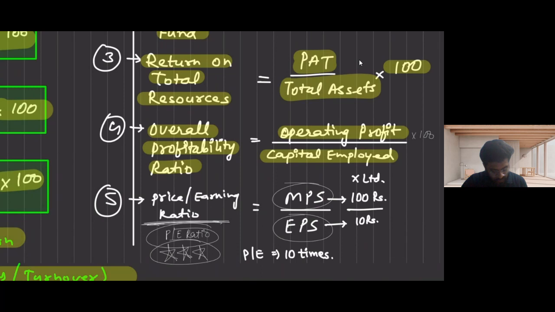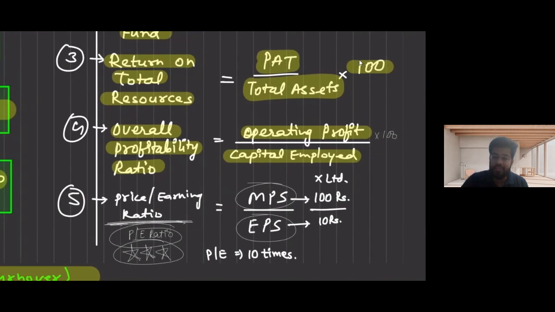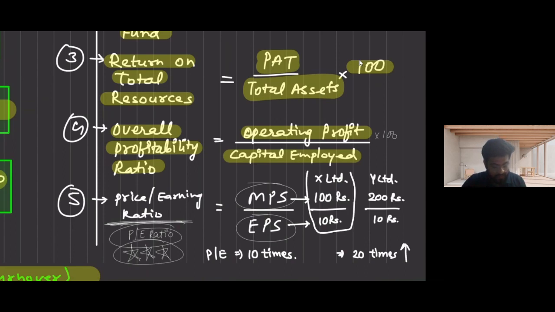Now let's say Y Limited is another company. It has a market price of rupees 200 and it is also earning just 10 rupees. So here the price earning ratio is 20 times. So the price earning ratio has become higher. That means this share is more expensive compared to the share of X Limited.